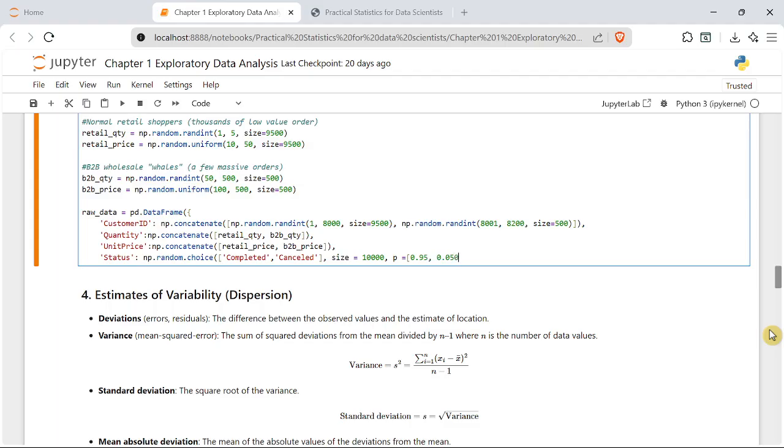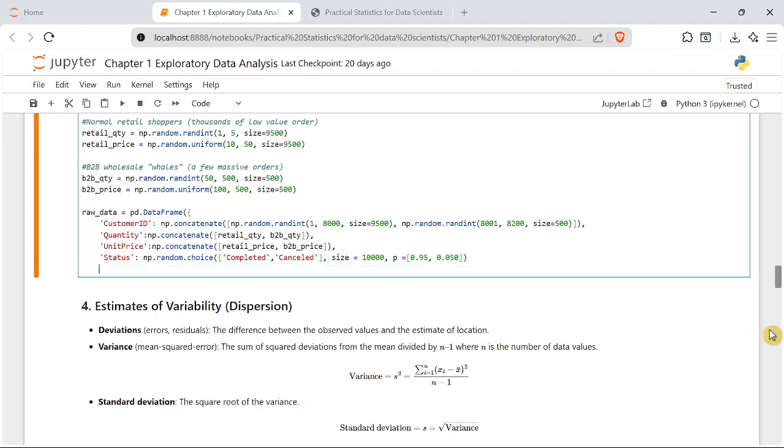Okay. So let's close this raw data frame which we have created, curly bracket, parenthesis.